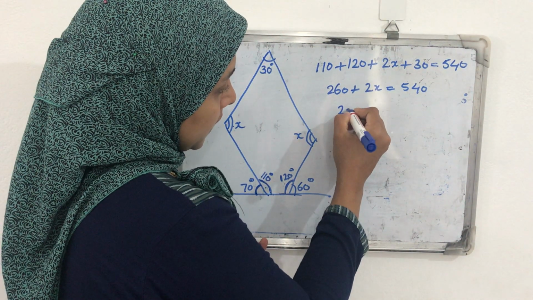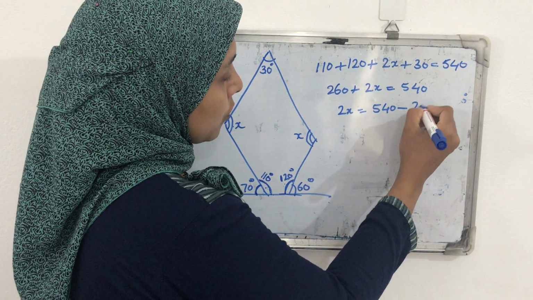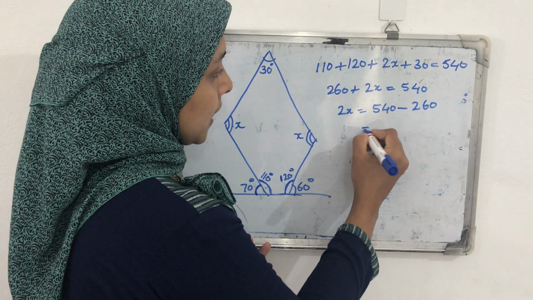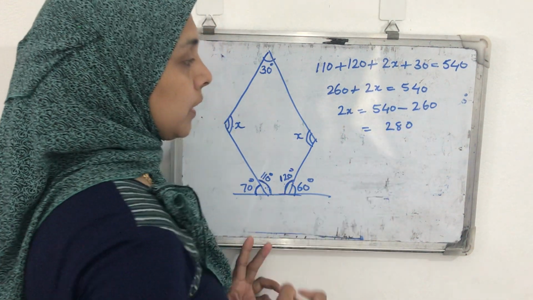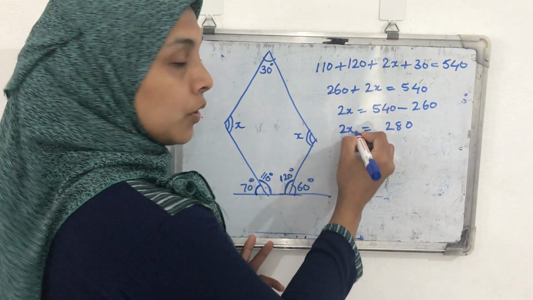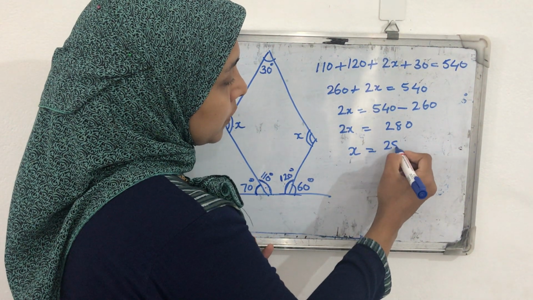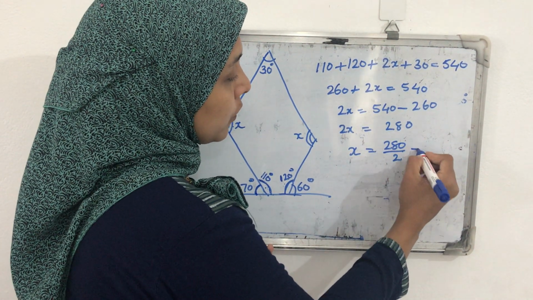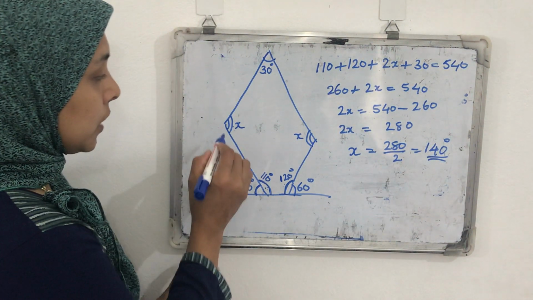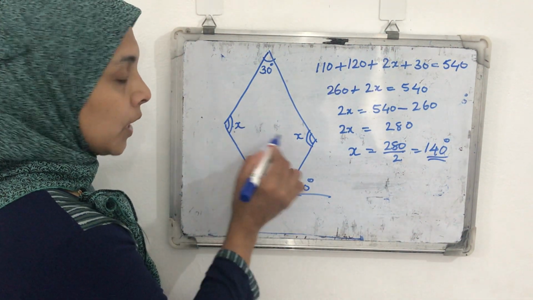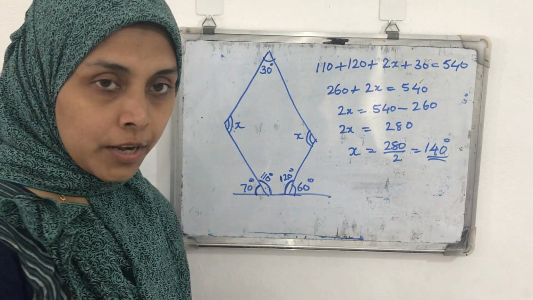So 2x equals what? 540 minus 260, that is 280. We got 2x equals 280. So what will be x? x equals 280 by 2, that is 140 degrees. So these two angles are both equal, and x is equal to 140 degrees.